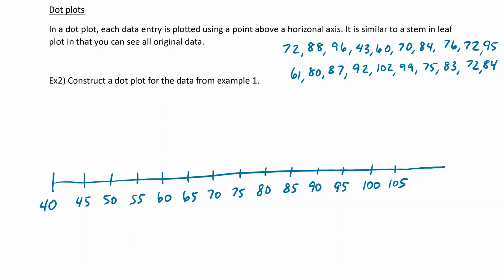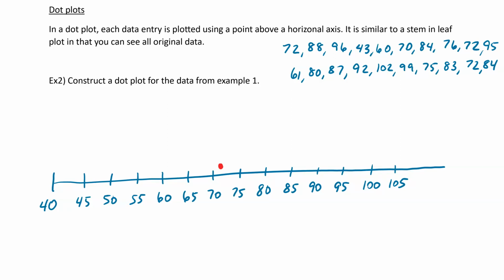Okay, good news is we don't have to go searching all around the list this time. We can just go through one at a time and start plotting them. So what we do is we look at the number. In this case, it's 72. So 72 would be right about here. So right above that number, we just put a dot.